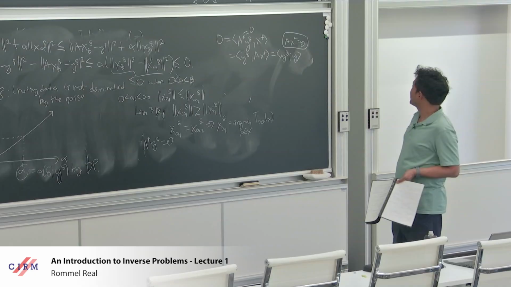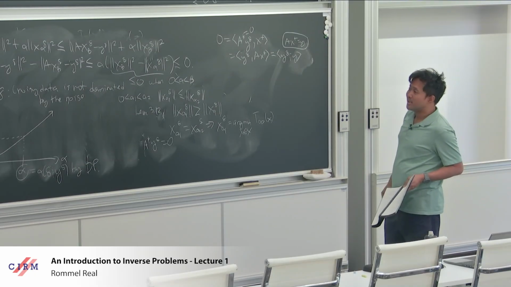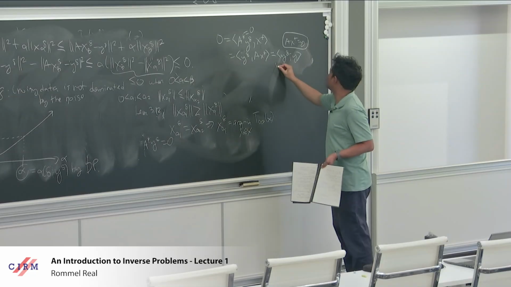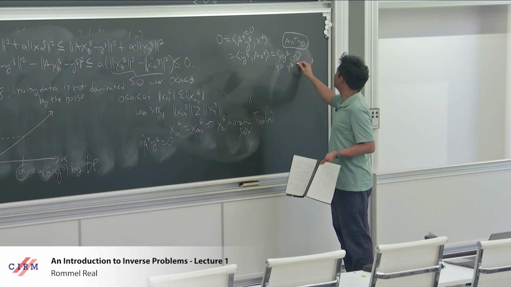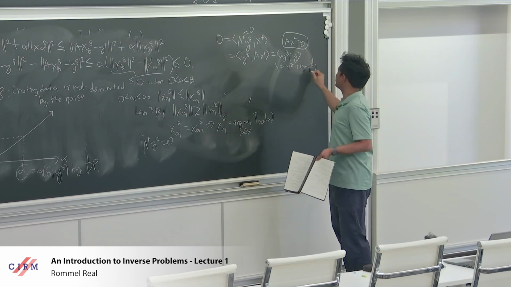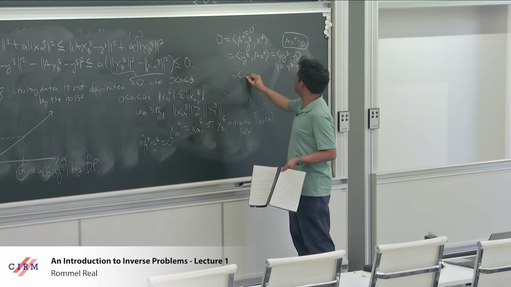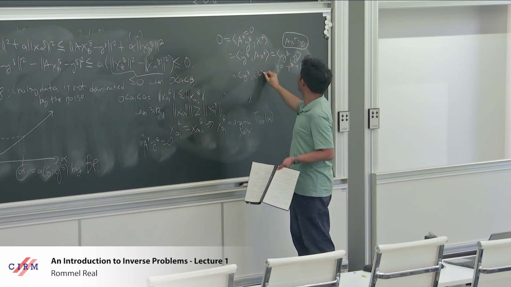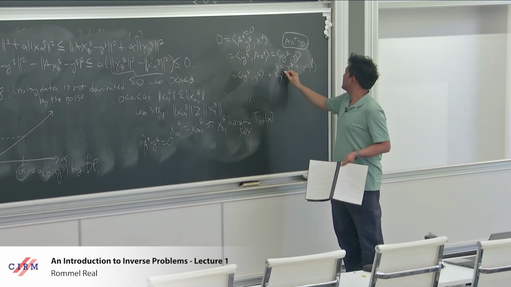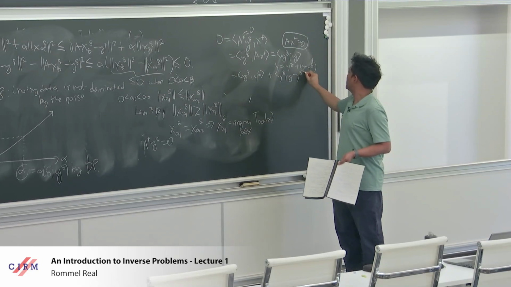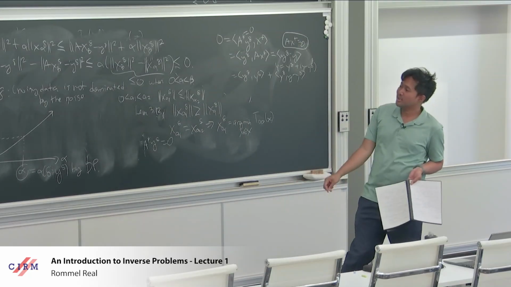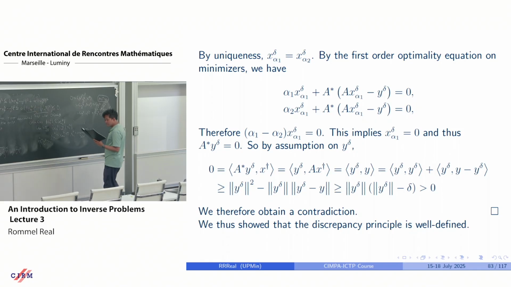And then by writing y delta plus y minus y delta, something like that, we will get that one over there. So that's plus, okay. And for the first term here, that's just the norm of y delta squared.